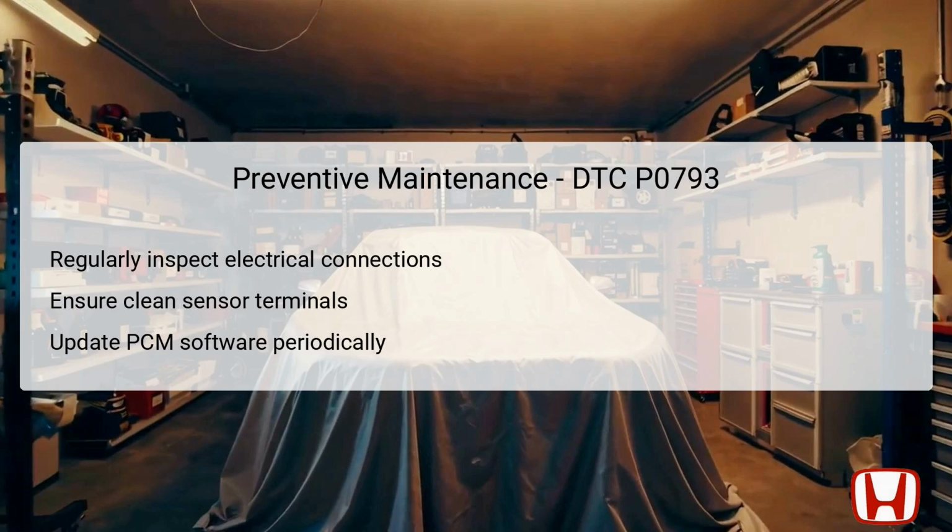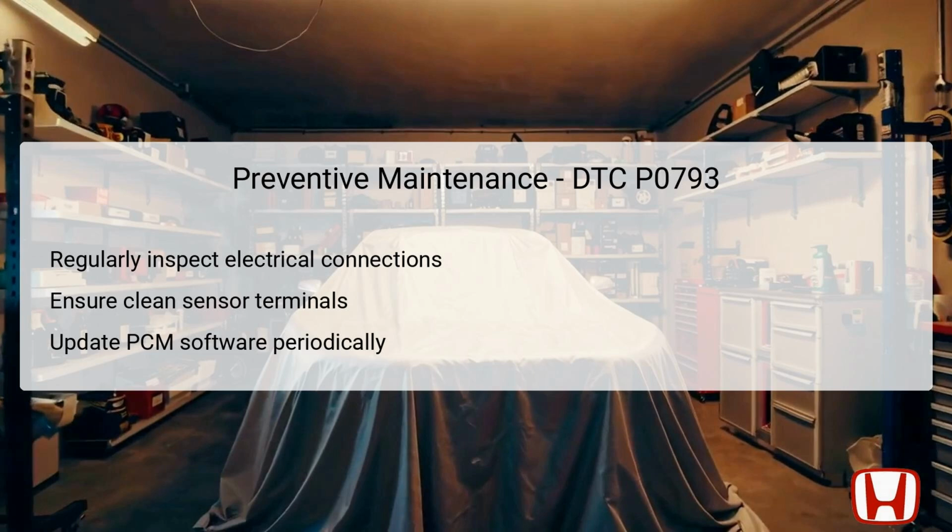Preventive maintenance for the intermediate shaft speed sensor and its circuit is essential to avoid future occurrences of diagnostic trouble codes like P0793. Regularly inspecting electrical connections and wiring can help identify early signs of wear or damage.